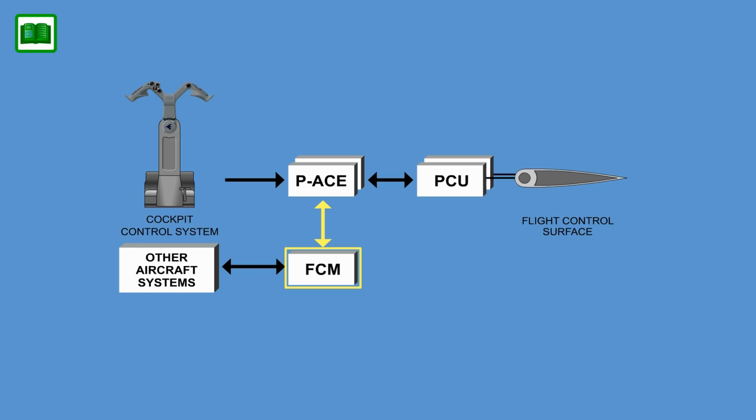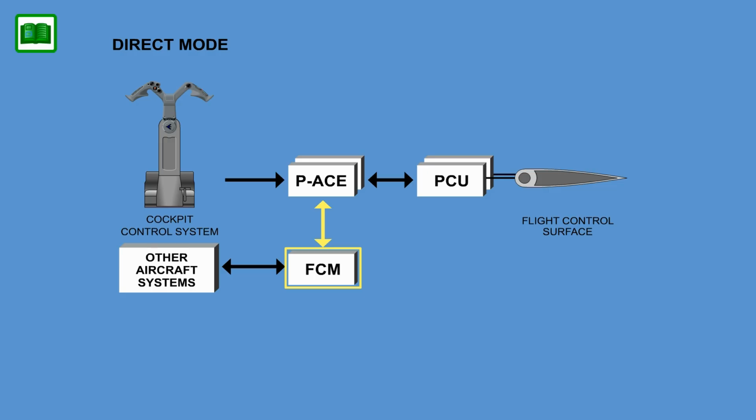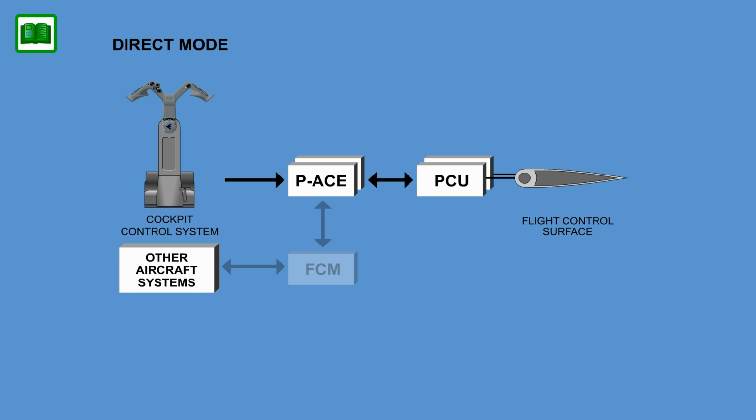For example, with increasing airspeed, surface movement will be reduced. In the direct mode, the flight control module is removed from the control loop, for example due to loss of airspeed data. Control limits default to values set by the hardware in the primary ACE, and high-level functions are not available.